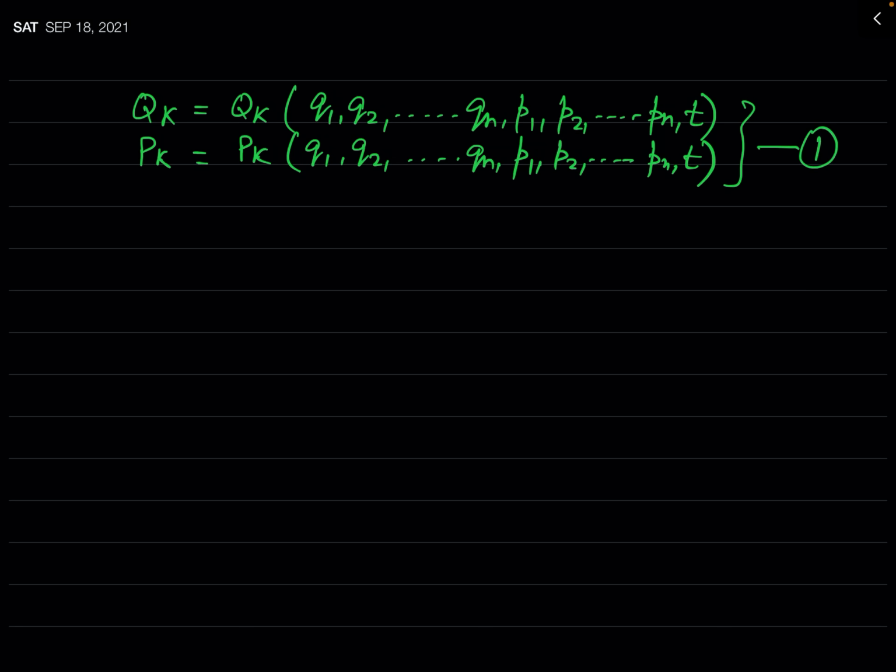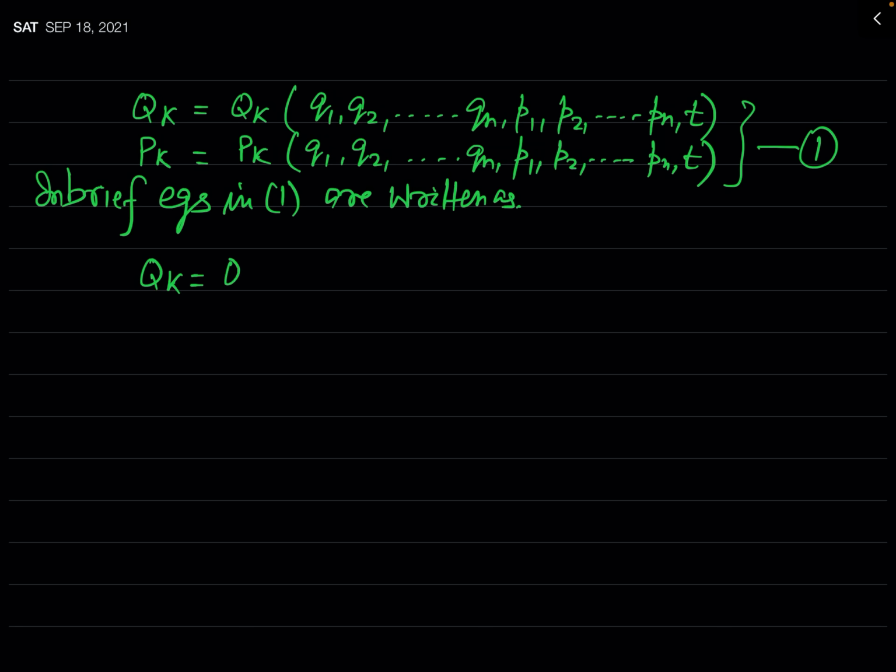So in brief, equations 1 are written as Qk equal to Qk of small qk, small pk, and t, and Pk equal to Pk of small qk, small pk, and t.